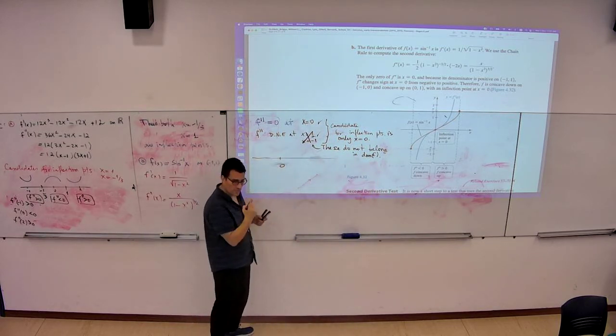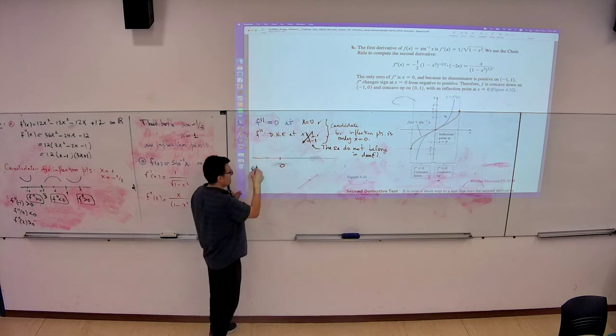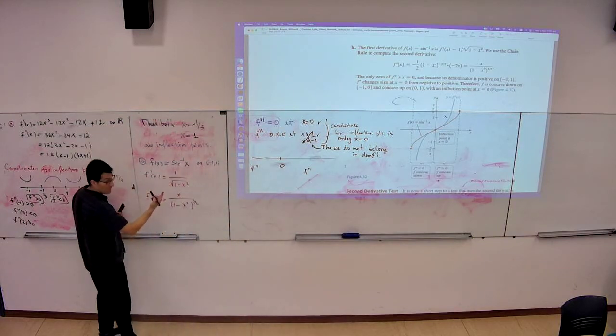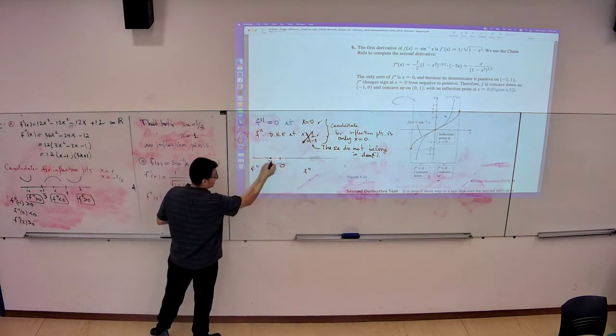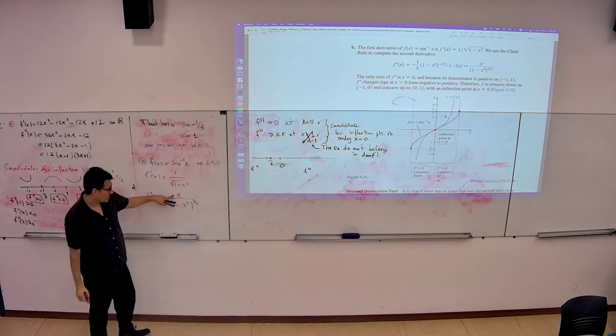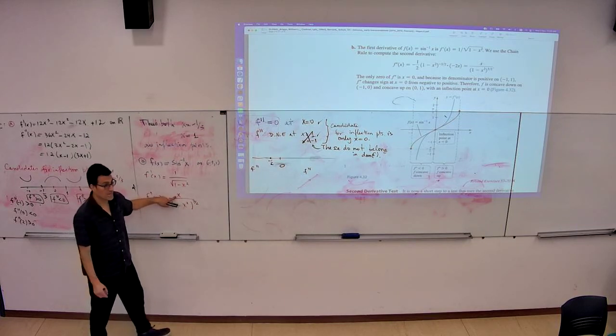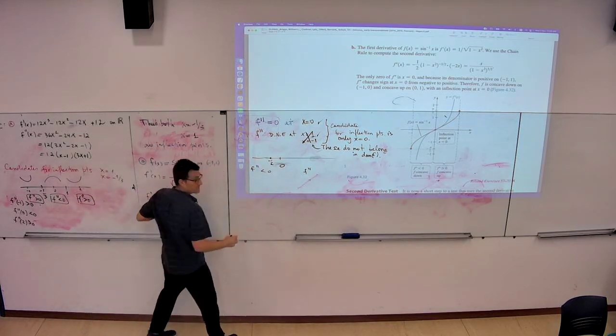So we need to check whether the function f double prime here is positive or negative. We're going to choose the point negative 1/2, for example, which is down here. Plug it in. This is always positive on that interval, and the top is negative. This is negative actually here.